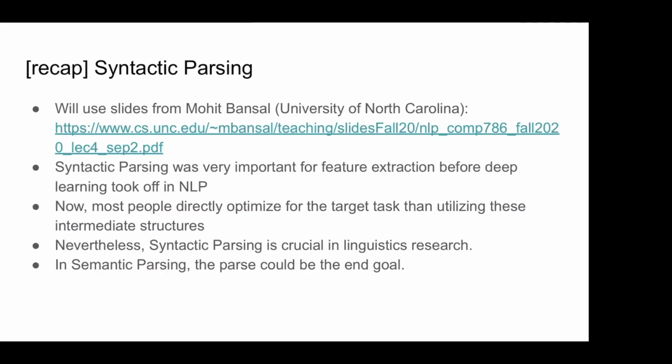It's just that syntactic parsing was very crucial for doing any target task that involves natural language back in 2012, 2013. But after deep learning, especially these days, syntactic parsing is not really used for features, but is more of a target task that linguists are interested in, because you want to understand how language is structured.